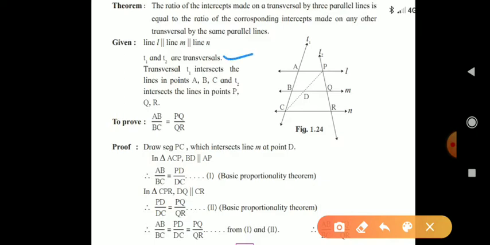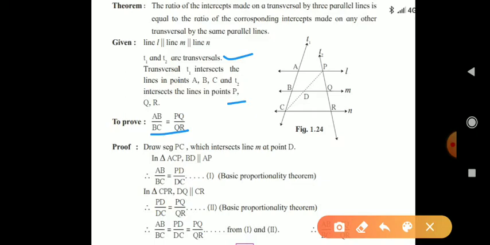Transversal T1 intersects the lines in points A, B, C and transversal T2 intersects in points P, Q, R. To prove: AB upon BC is equal to PQ upon QR.